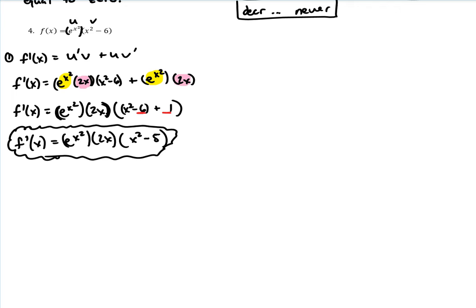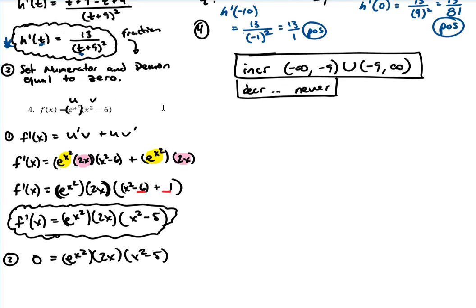Now the x squared minus 5 is a little weird. It's a quadratic, so you might say we could try to factor it further, but I'm going to leave it as is. All right, so we have this setup, and now our step 2 is to set this whole thing equal to 0. So 0 equals e to the x squared times 2x times x squared minus 5.